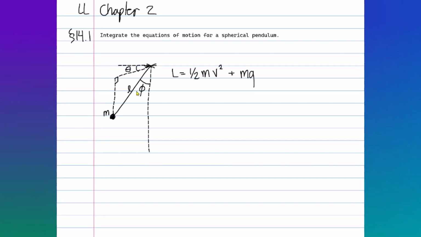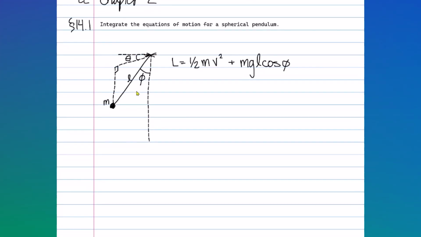Now with these variables, we can write our Lagrangian for the system, which is just kinetic energy plus the negative potential energy.